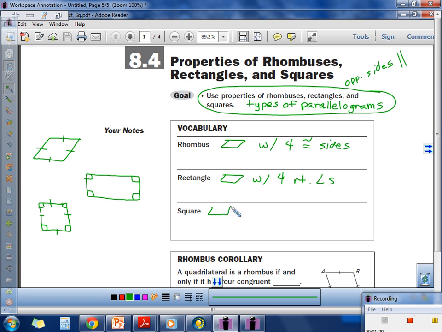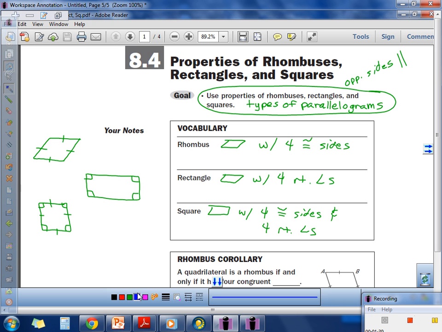It's a parallelogram with 4 congruent sides and 4 right angles. So basically, a square steals the properties from a rhombus and a rectangle. So a square is a type of rhombus, and it is a type of rectangle.